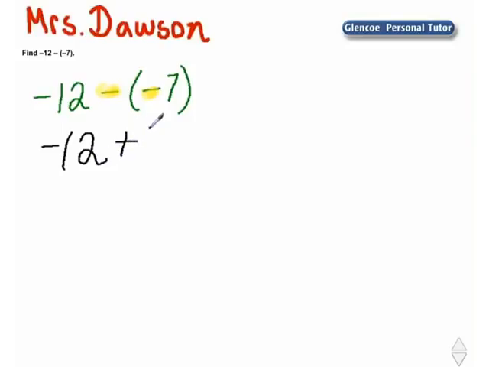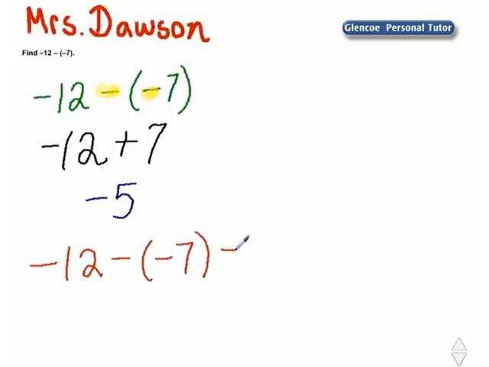Negative 12 plus 7. And then we'll simplify. Negative 12 plus 7 is negative 5. So negative 12 minus negative 7 is equal to negative 5.